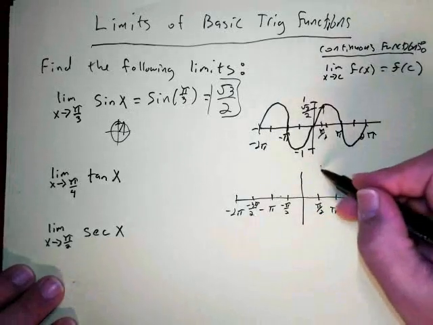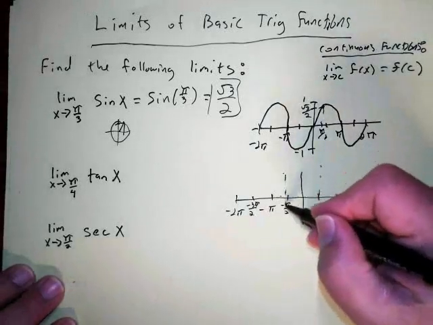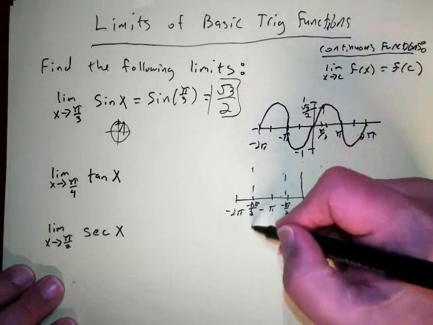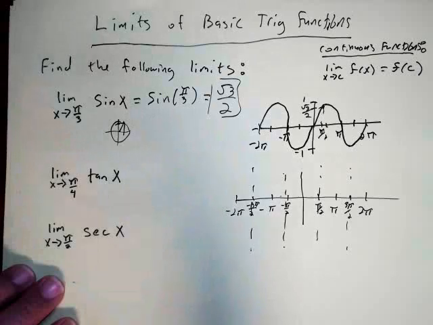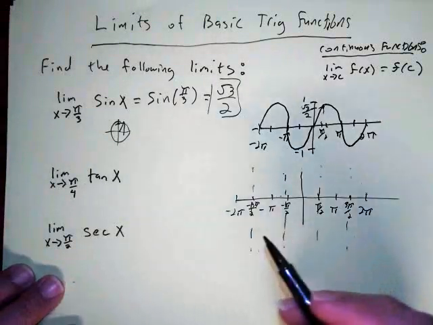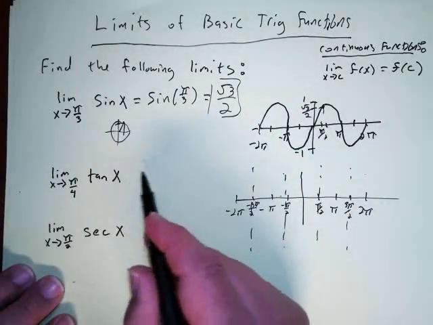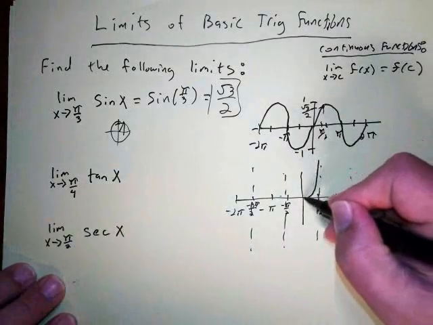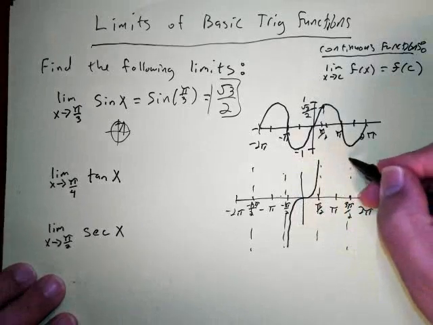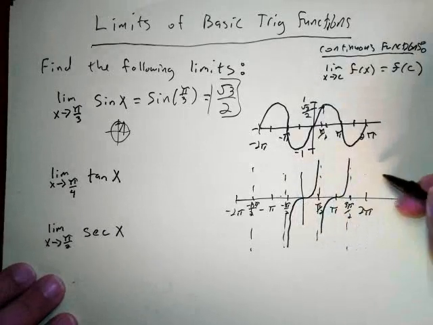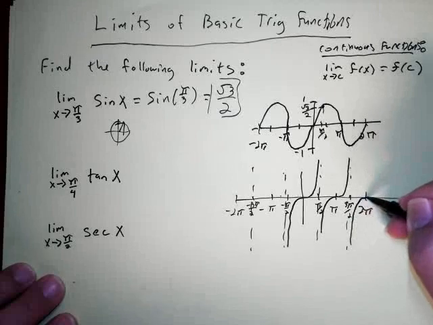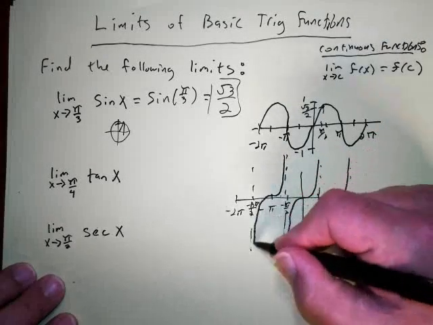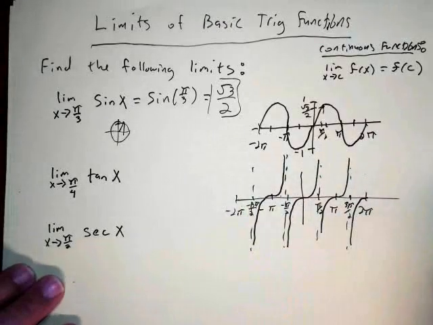And tangent has these vertical asymptotes whenever cosine is equal to 0. Because tangent is sine over cosine, and when cosine is 0, you get a 0 in the denominator, and it's undefined. So this goes like this, and you get this graph repeatedly. Every pi, you get that graph.